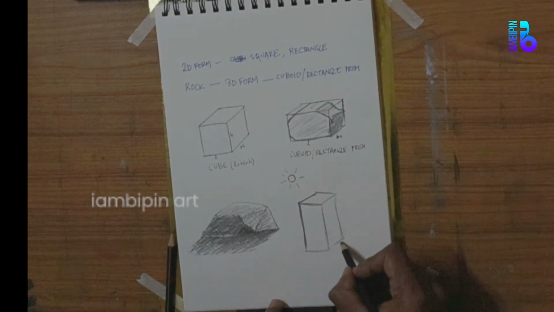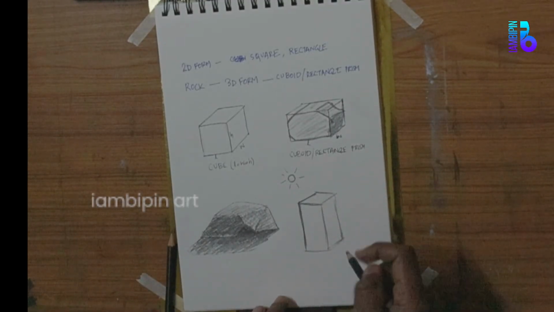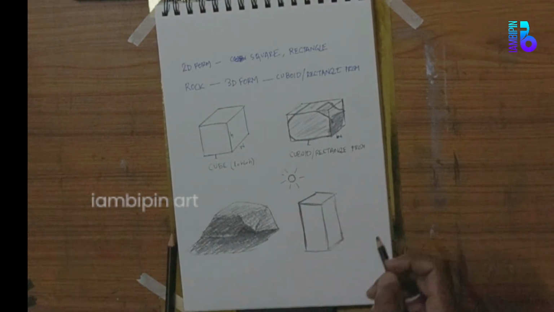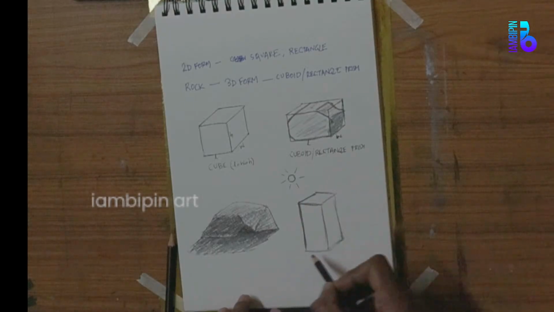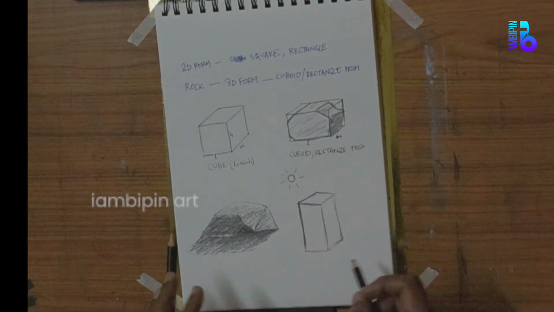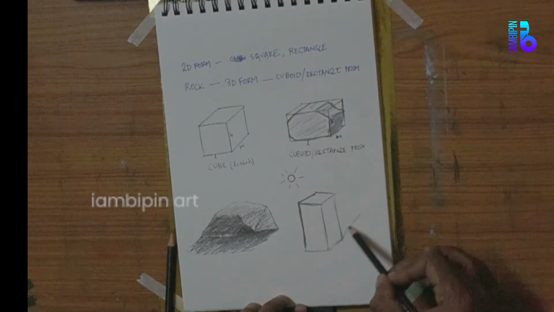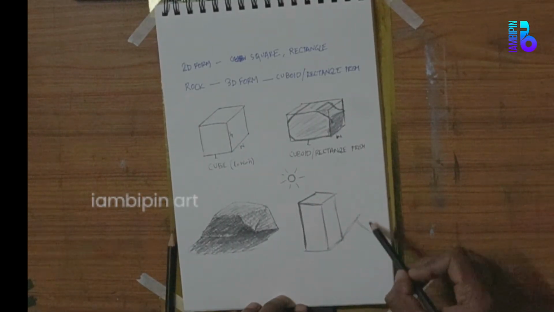In nature, you will see rocks lying in an irregular fashion. But if you look keenly, you will notice certain patterns. So this is one cuboid here, and there may be another cuboid lying like this.